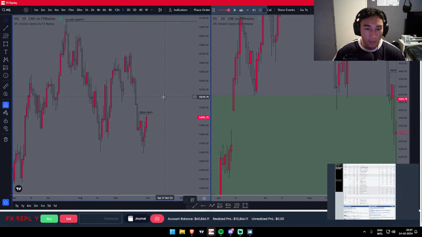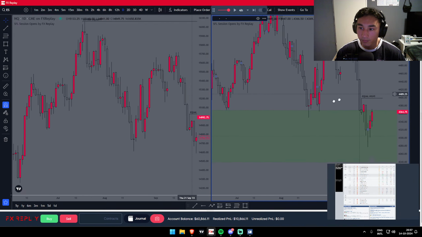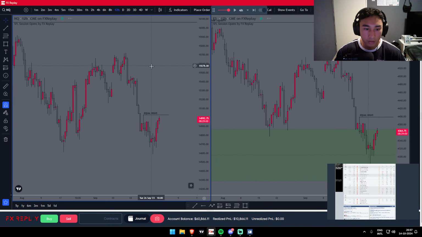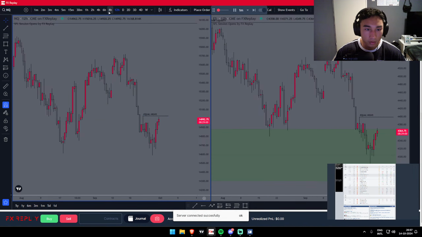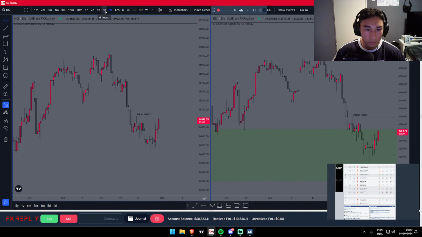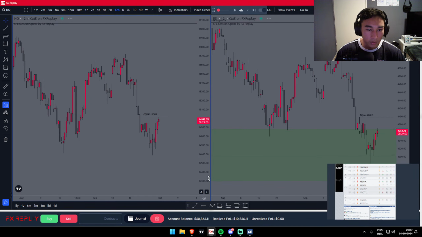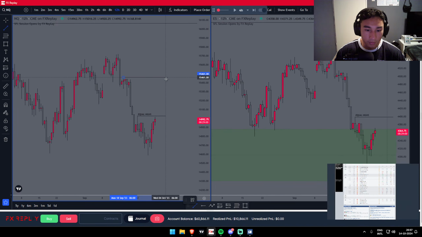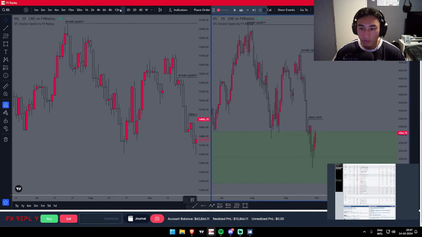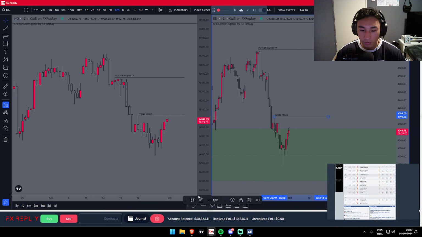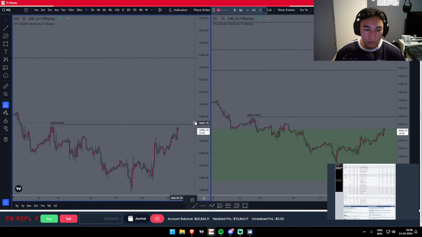The next draw on liquidity would be a stage of accumulation in this market maker buy model, and the next TP would be that high. I'm not expecting it to instantly draw into there, but that's where I want to trade towards. So yeah, only those two now.